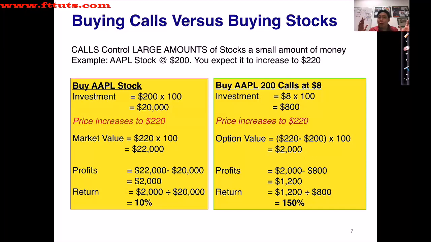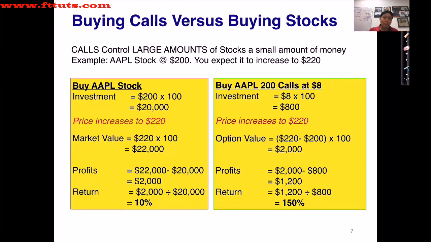Now, if you think that sounds too good to be true, yeah, it is too good to be true. Remember, there's always a catch. And the catch is this, that if the Apple shares do not go up by a certain amount and within a certain period of time, what happens? Your options expire worthless. That's right. So you should only buy call options if you're very bullish that the price will go up significantly in that period of time, or you will lose money on that.